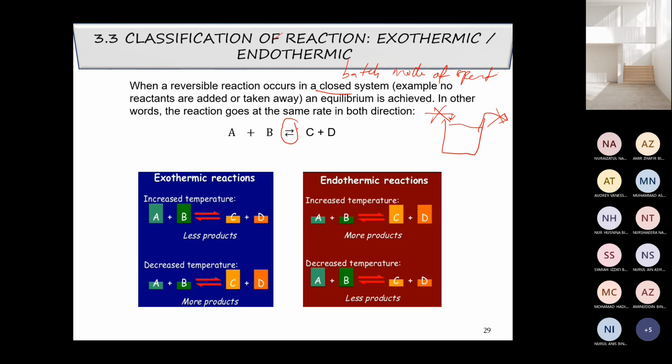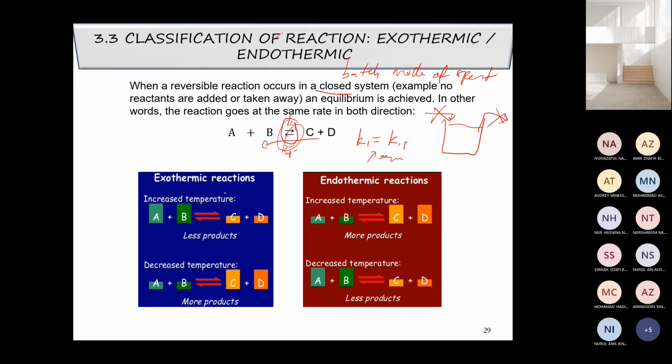In other words, the reaction goes at the same rate in both directions. So we have a K1 here, and then we have K negative 1. So benda ni akan sama, K1 is equal to K negative 1 kalau dia dah reach equilibrium. Bila dia reach equilibrium, A plus B is equal to C plus D, dia tak akan balik semula. C plus D tak decompose pada A plus B. Dia dah saturated kat sini.